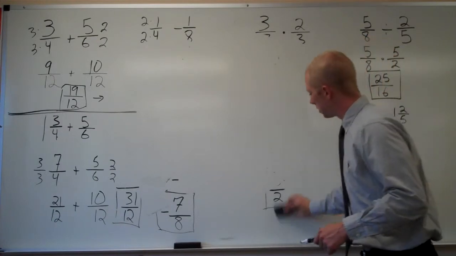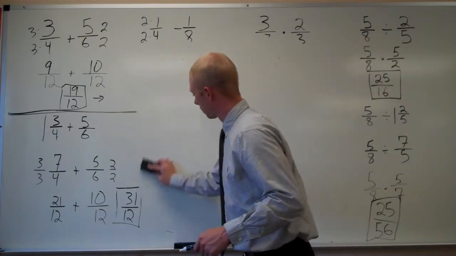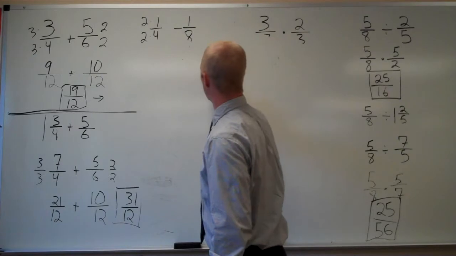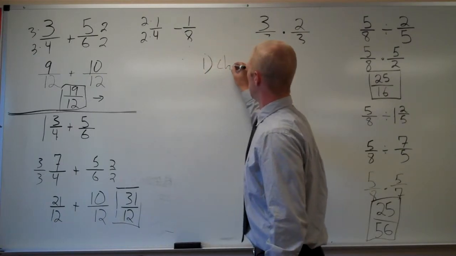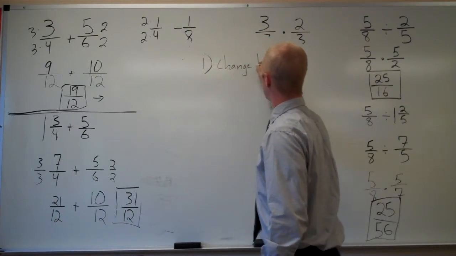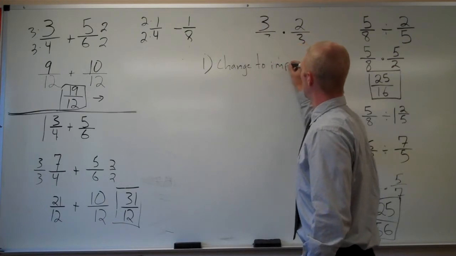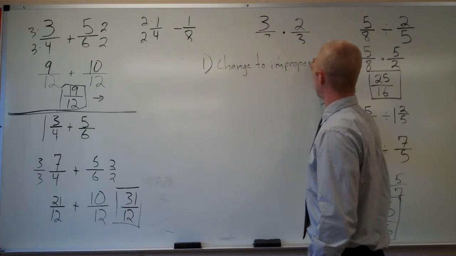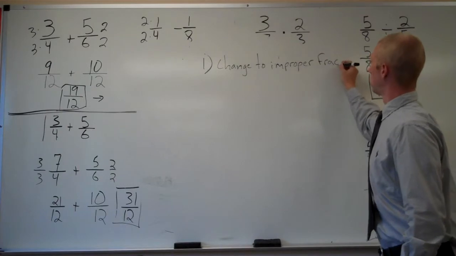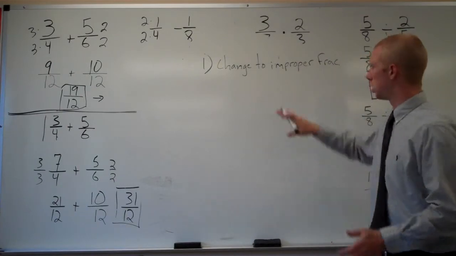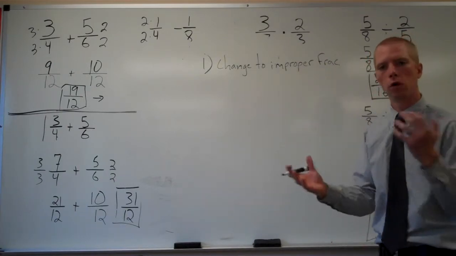If you're thinking about the steps to fractions, we always want to remember this. Step 1, change to improper fractions first. Okay? Always change to improper fractions first. It's going to help you a lot.